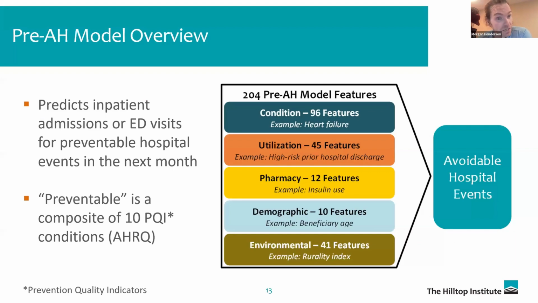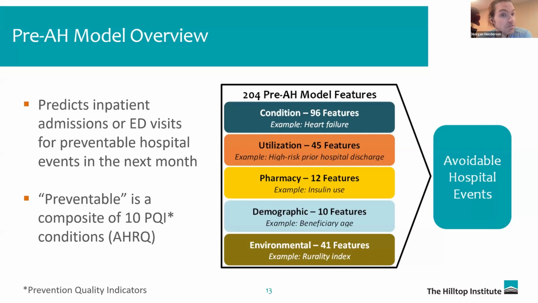So the pre-AH model, the avoidable hospital events. If you are familiar with the MD-PCP reporting suite, you'll be familiar with this risk score. And so this predicts inpatient admissions or ED visits for a preventable hospital event in the next month.